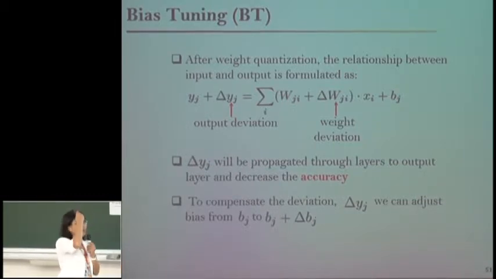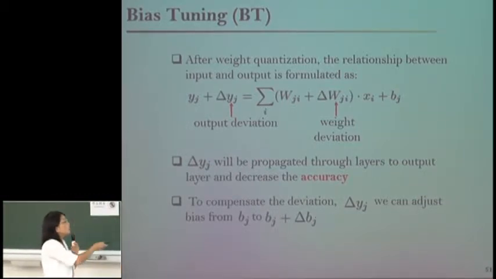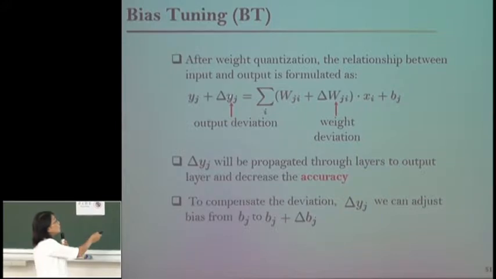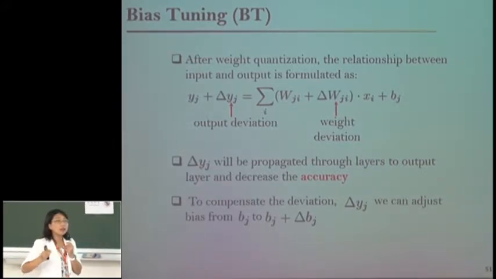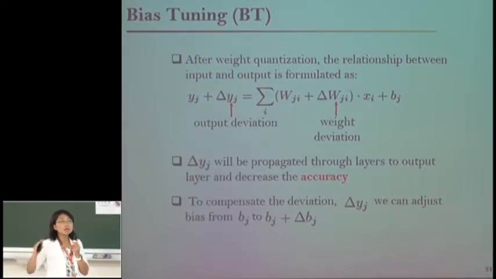Well, the major difficulty is the deviation, the delta yj. It doesn't only affect this layer. For multiple layers, or the system on chip, it's going to propagate through layers. So the impact is accumulated, and this is the critical part. So we try to solve the impact locally on this layer only.